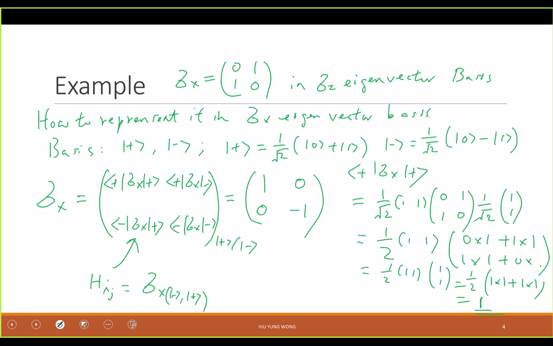So if you represent the sigma x in its eigenvector basis, you get a diagonal matrix again, which makes sense. Because if you represent it in its eigenvector basis, it is diagonal, and when it's diagonal, what are these values?